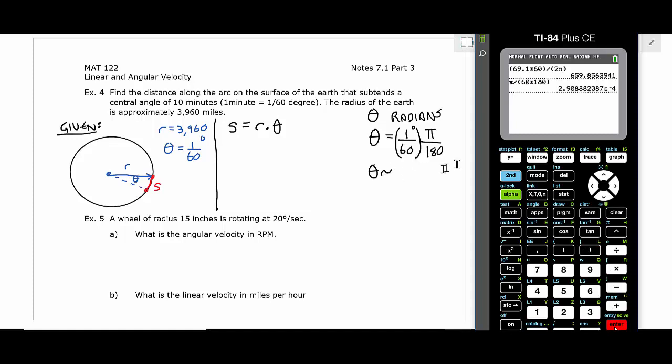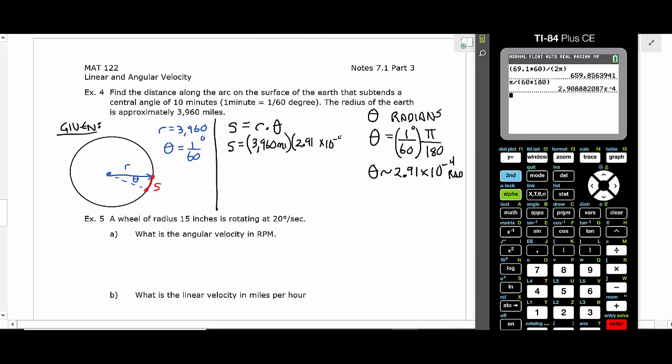Now this is in scientific notation, so I'm just going to write that down as 2.91 times 10 to the negative 4. And that's in radians now. So all I have to do now is take the radius, which is 3,960 miles, and multiply by the radian measure, and then I'll have my answer.